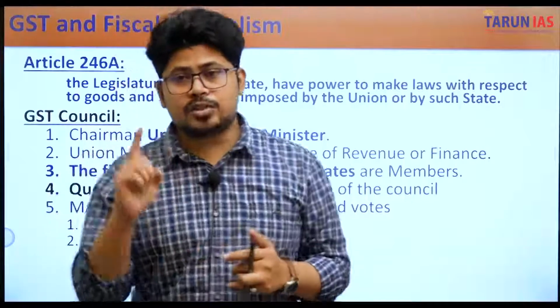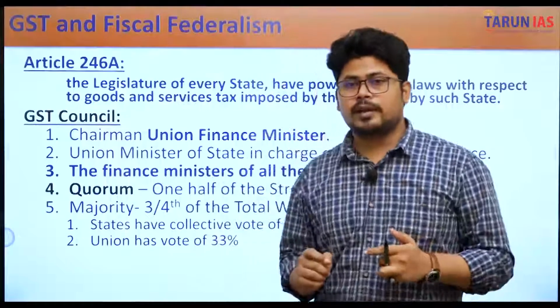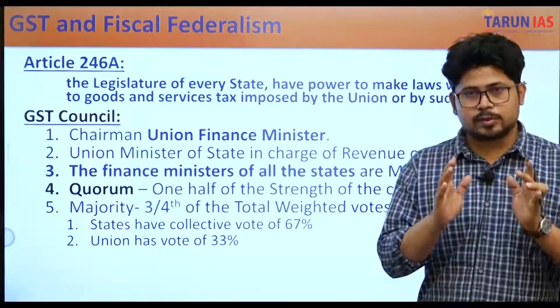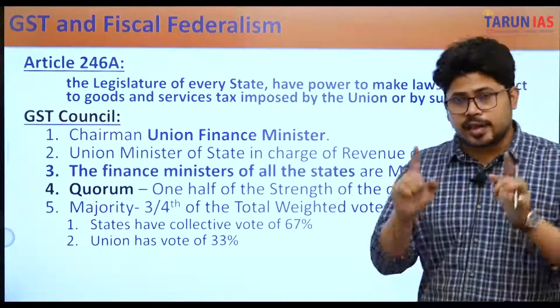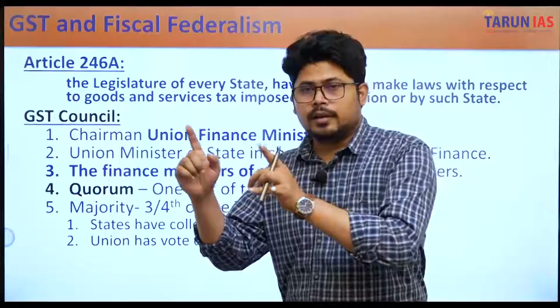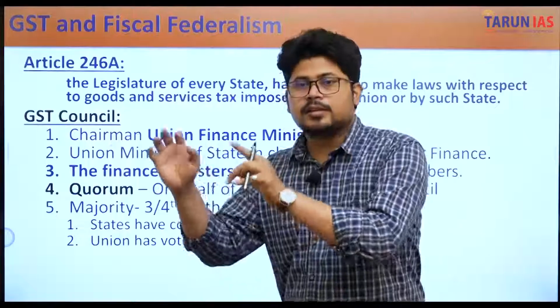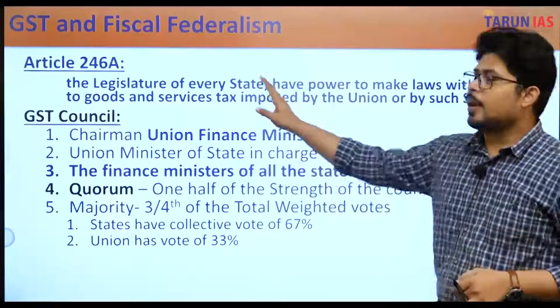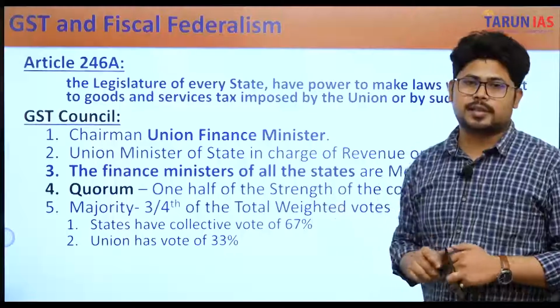That means state governments have a lot of power. They have equal power with respect to the GST law. The state governments have equal power vis-a-vis the central government with respect to the GST laws. This is the main point of Article 246A.